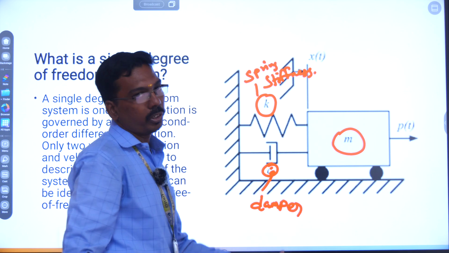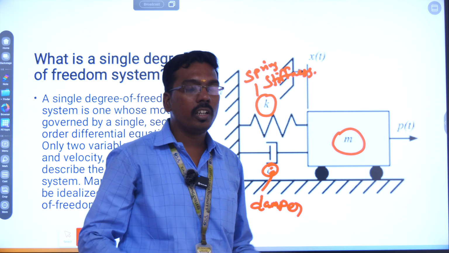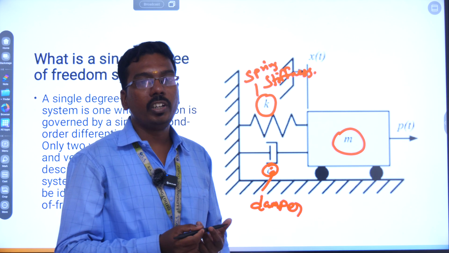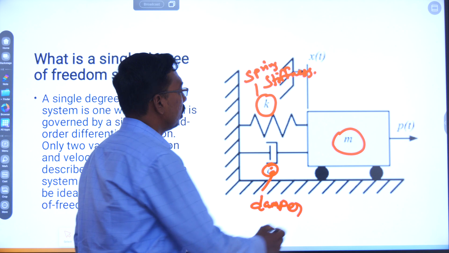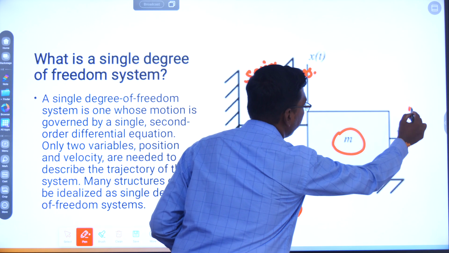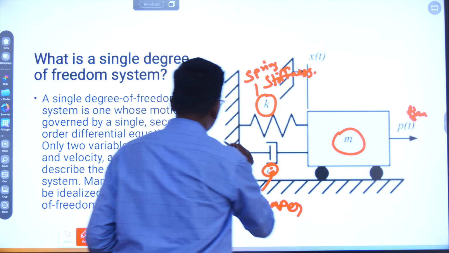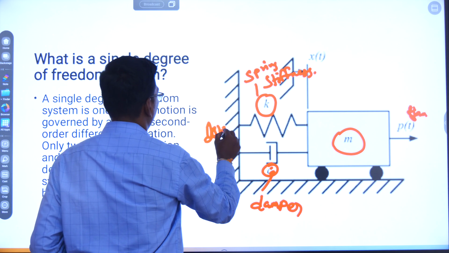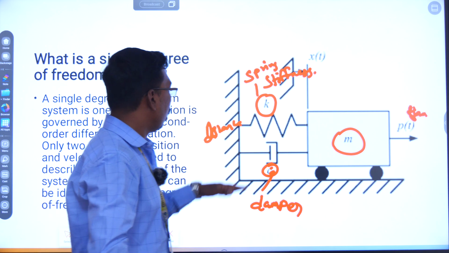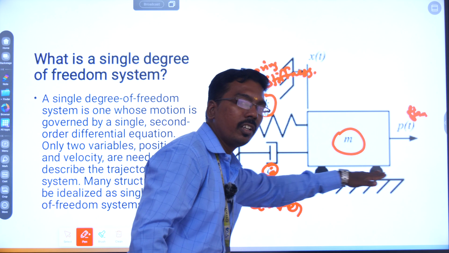So it's a longitudinal movement. I have already conveyed that. What is meant by longitudinal? If there is movement in one way only, we treat it as longitudinal movement. Okay. So this is the time. This is the distance. Okay.